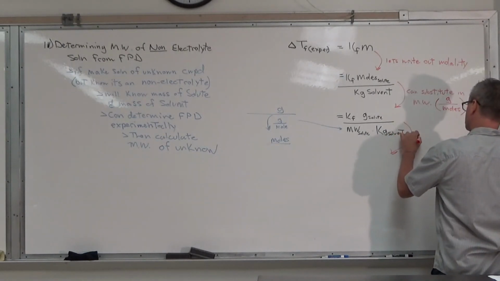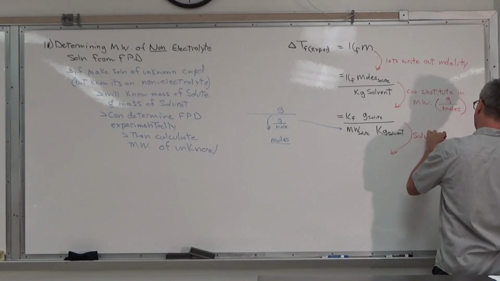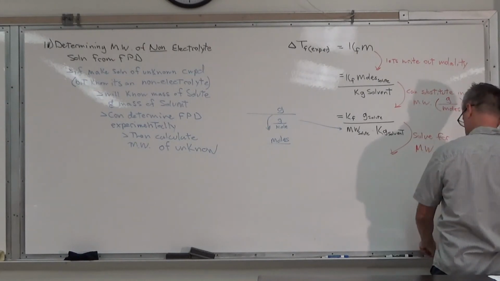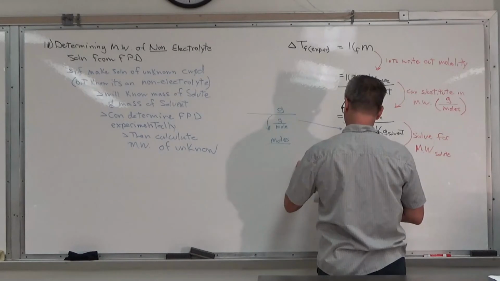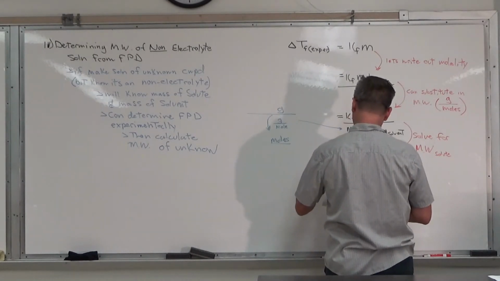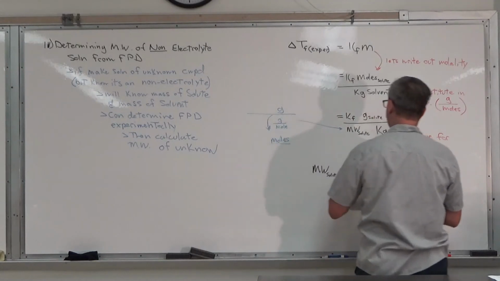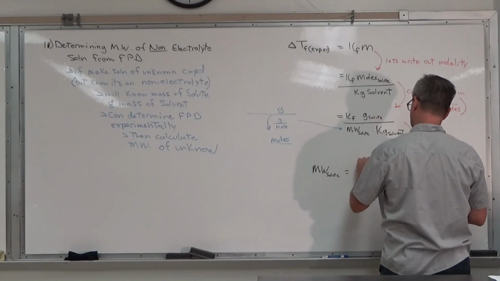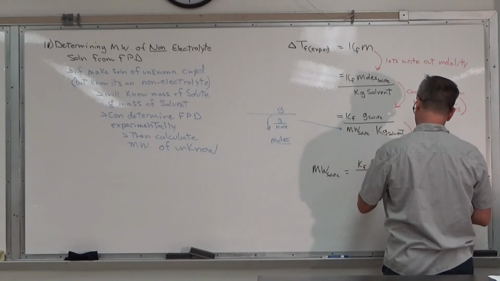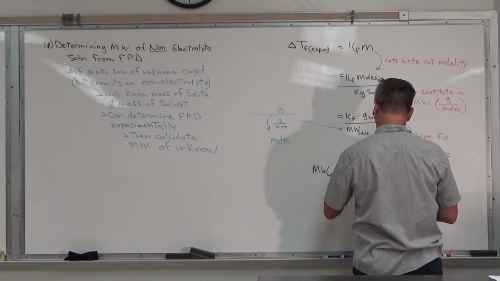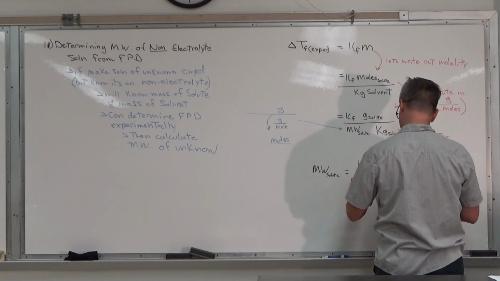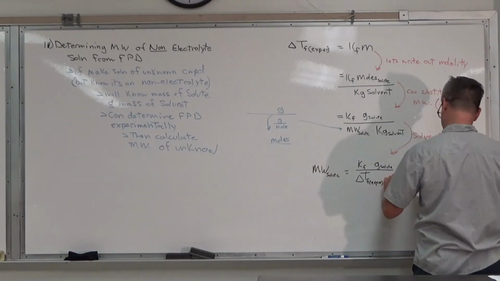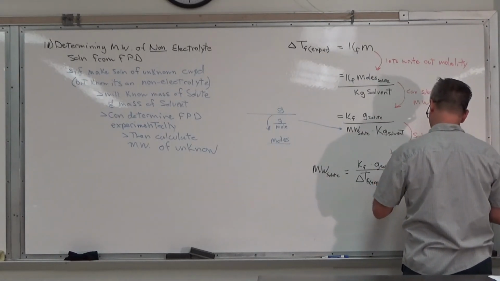So solve for molecular weight of solute, and you get molecular weight of solute equals the Kf times the grams of solute over the freezing point depression that you figured out experimentally, times the kilograms of solvent.